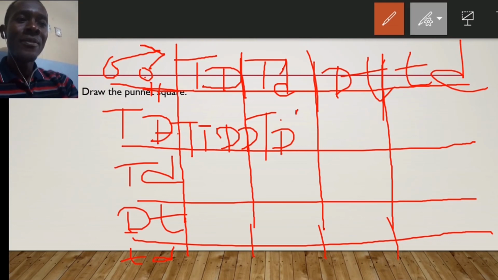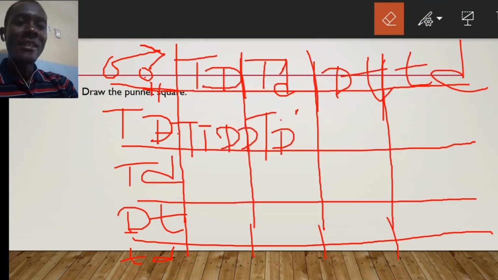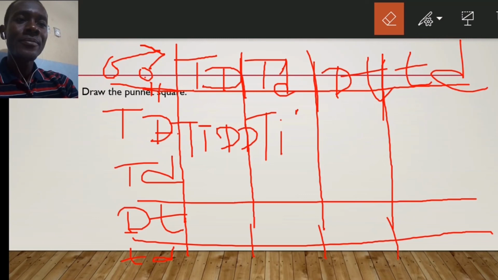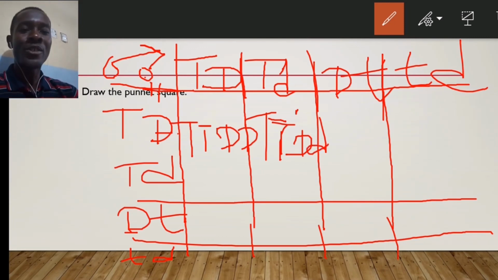Sorry, go back to it and make the correction. You're going to have homozygous dominant tall genes for this particular child with heterozygous dominant dark and fair complexion gene. That is for this box.